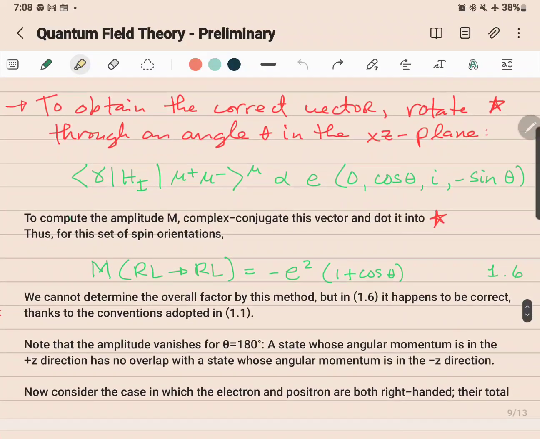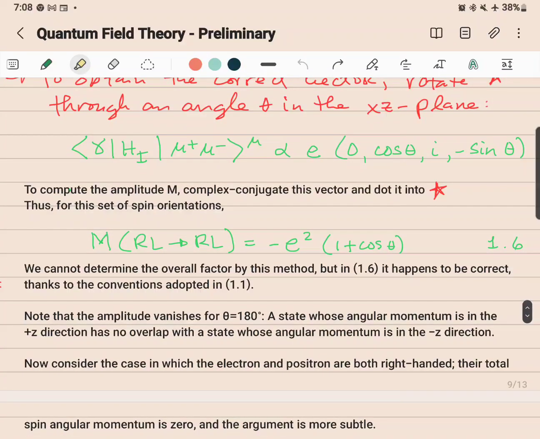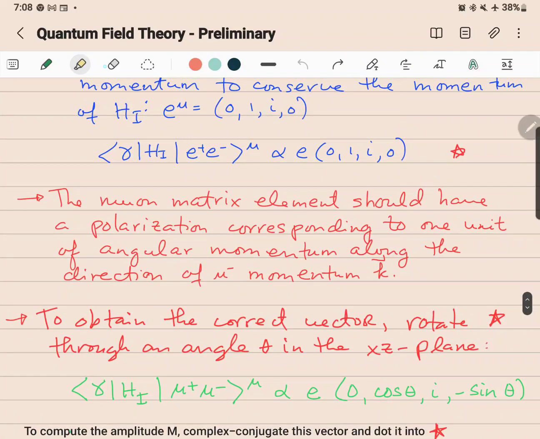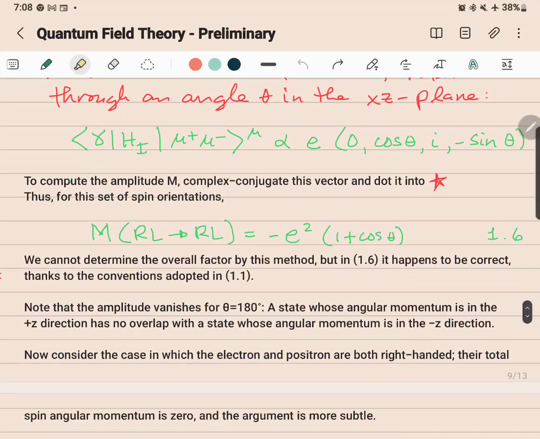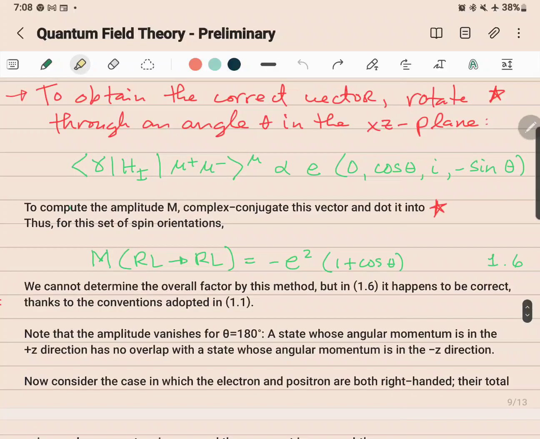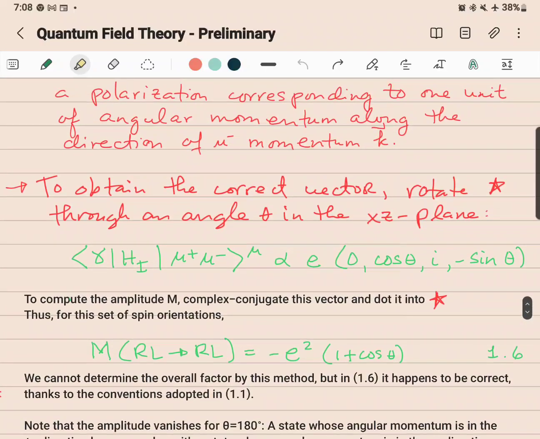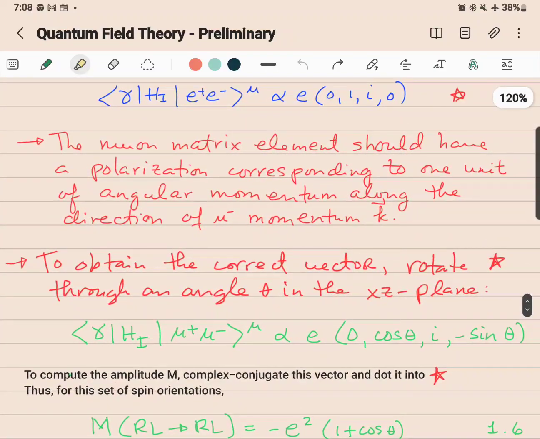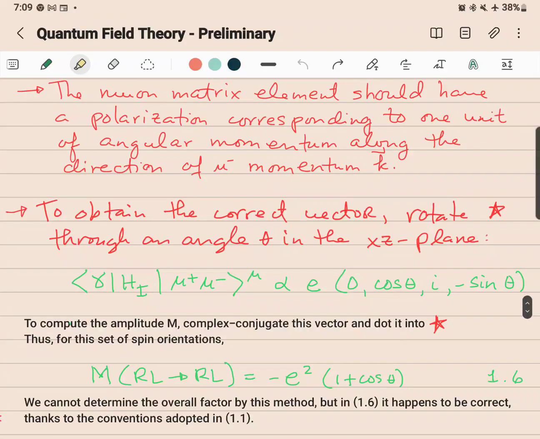So to compute the amplitude M, for the complex conjugate of the vector, we dot it with the star, which is this one here. So we will now have dotting this one and this one would be equal to this.